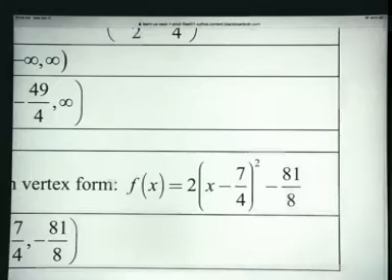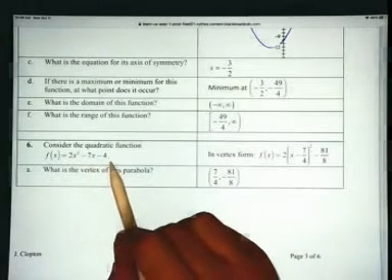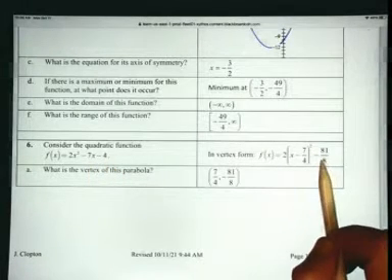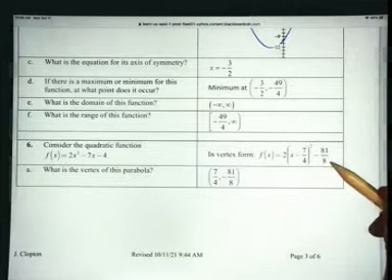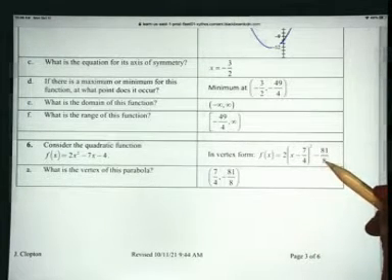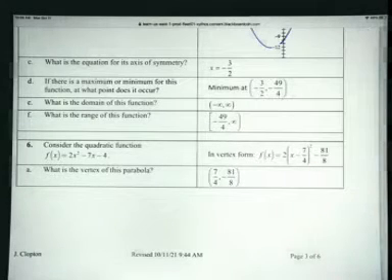I want to show you how we can go from this form into the vertex form, the correct way to get there, and that way you can use the vertex form to answer questions like what's the vertex of the parabola, and maybe even do some evaluating with f of x.